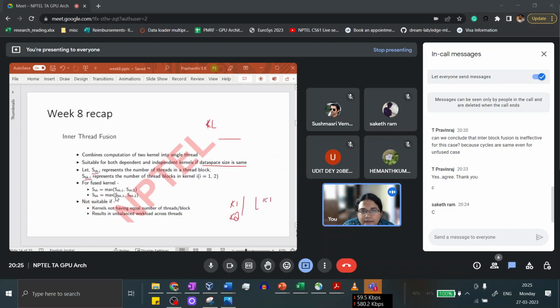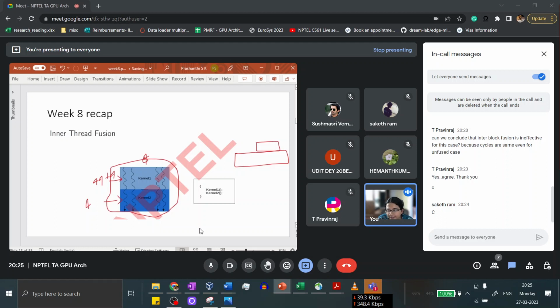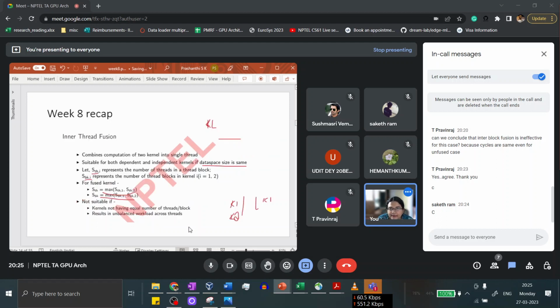So remember that we said we're going to do the max of both, we are not going to change. Both of them have equal, for instance in this example, let's say 8 threads, so we do max of 8 comma 8, which is still 8. Similarly for the blocks we do a max, and if that's also the same, it remains the same.